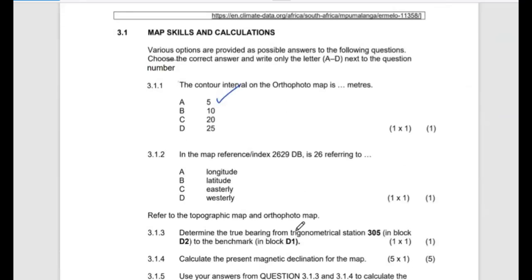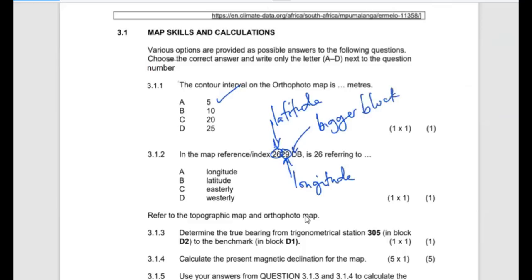The map index, 2629 DB. When you are referencing, remember this, we start with latitude, then this is longitude, then this is the bigger block subdivision, then this is the smaller block subdivision.